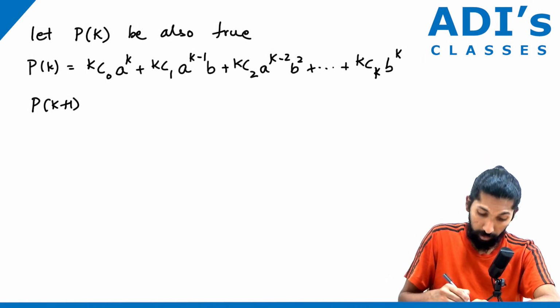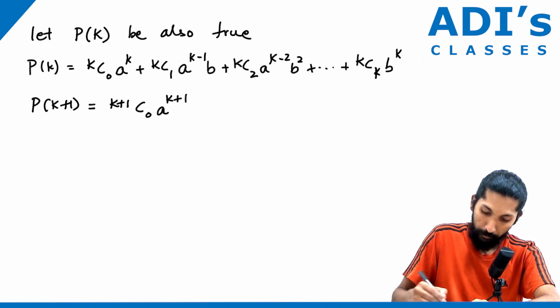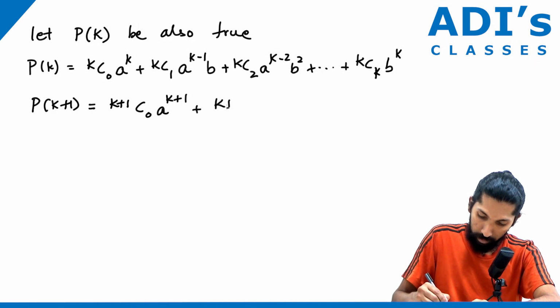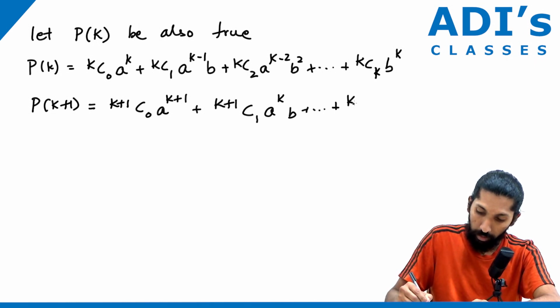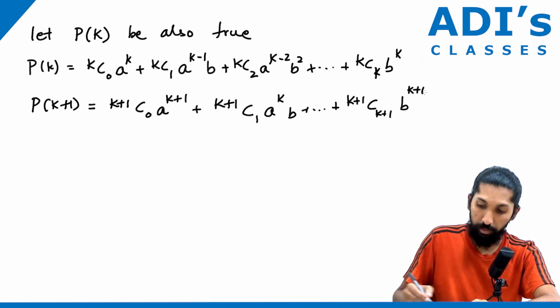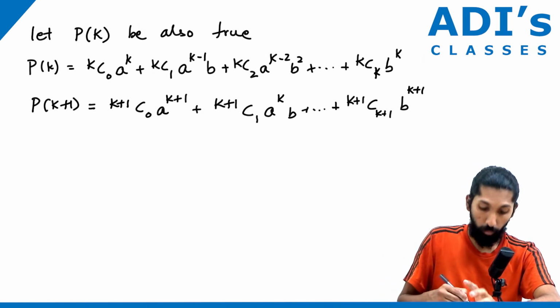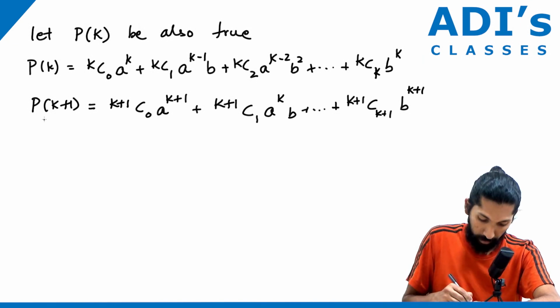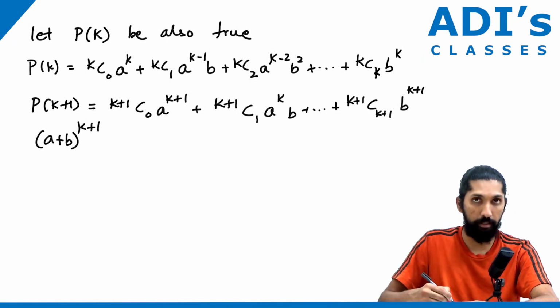So P of k plus 1 becomes (k plus 1)C0 a to the power of k plus 1 plus (k plus 1)C1 a to the power of k into b, so on and so forth till (k plus 1)C(k plus 1) into b power k plus 1. Correct? This is what we have. Now, what is P of k plus 1? We can write this as (a plus b) whole to the power of k plus 1, isn't it?